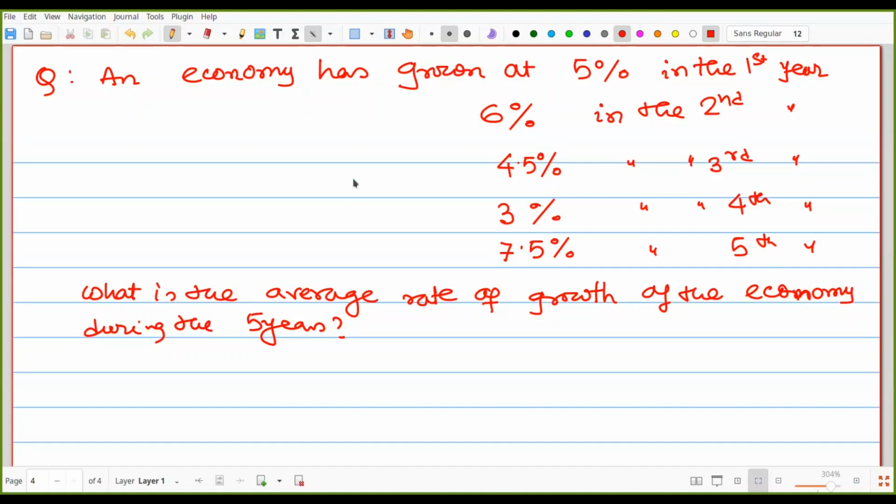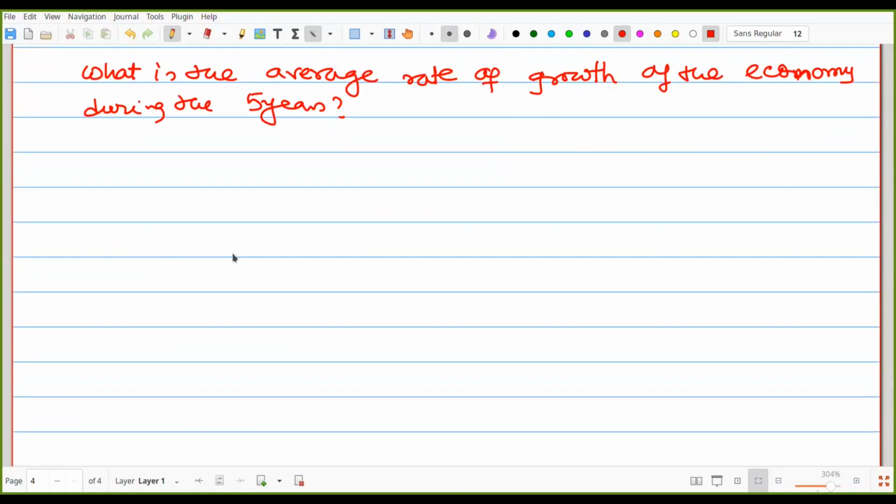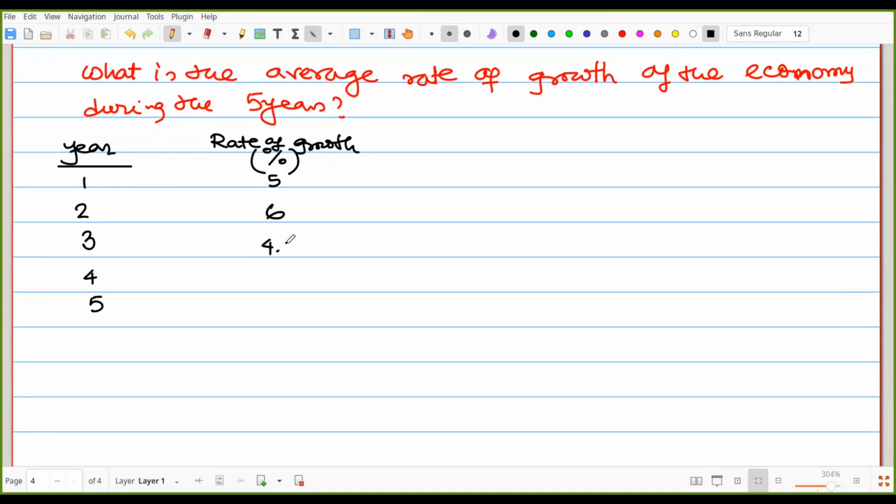We have to construct a table at first, that would be better. Suppose the first column is the year: 1, 2, 3, 4, 5. Then the second column is the rate of growth, using the percentage sign. So in the first year that is 5, in the second year 6, then 4.5, then 3, then 7.5.